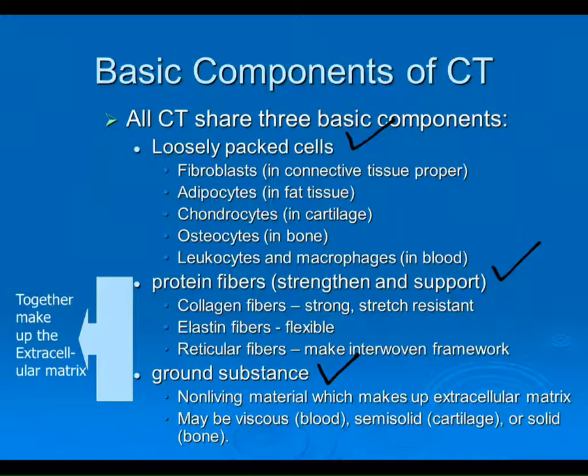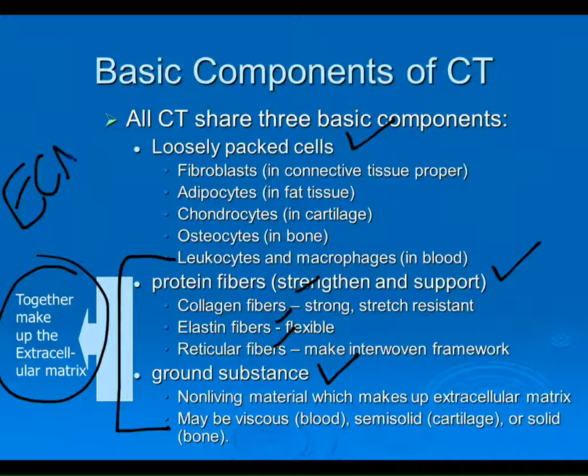Those protein fibers come in three types: collagen, elastin, and reticular. Collectively, the ground substance and the protein fibers are called the extracellular matrix, or the ECM. Remember, connective tissues have a lot of space between them, right? The cells are loosely packed, so the stuff between the cells is collectively called the ECM, the extracellular matrix.